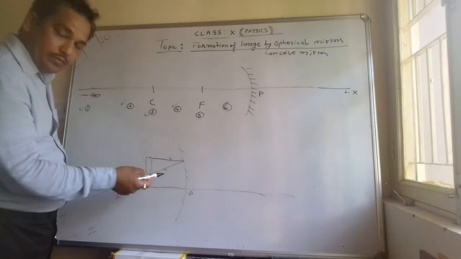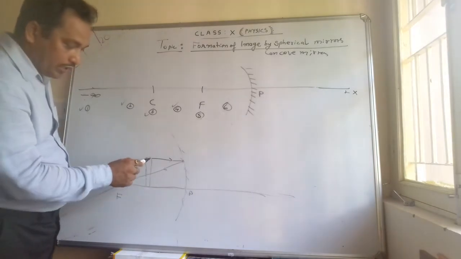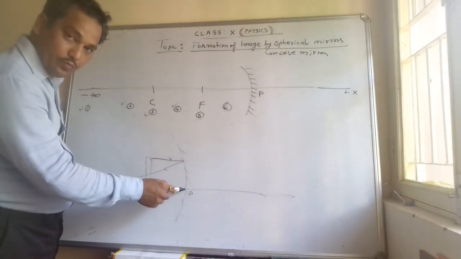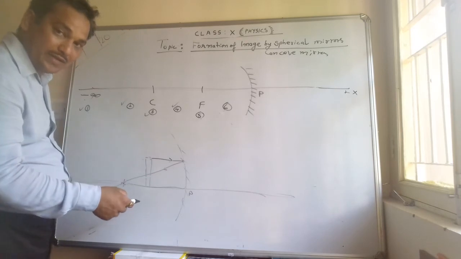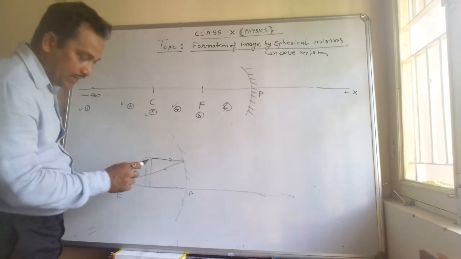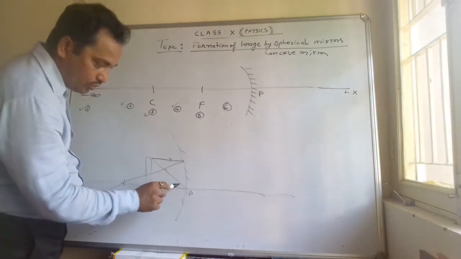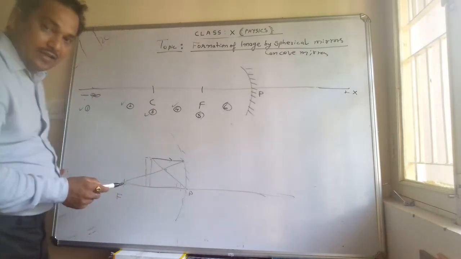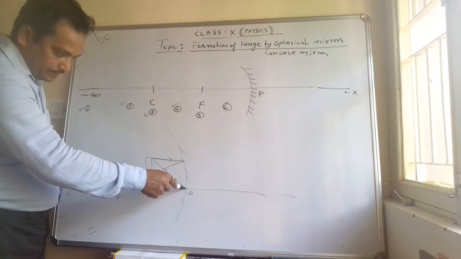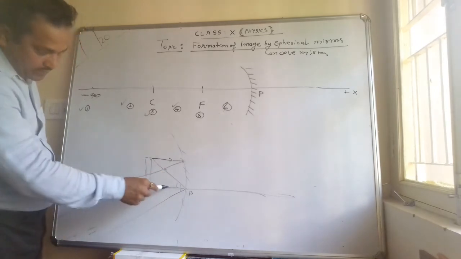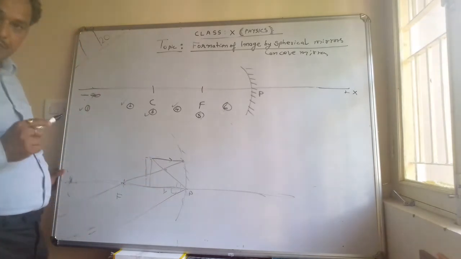Or for example, if you are applying the fourth rule, a ray passing through the pole will be reflected making the same angle as in the law of reflection of light. So if we are applying the fourth rule, it is going towards the pole making the incident angle and is reflected back making the same angle as the reflected angle here.